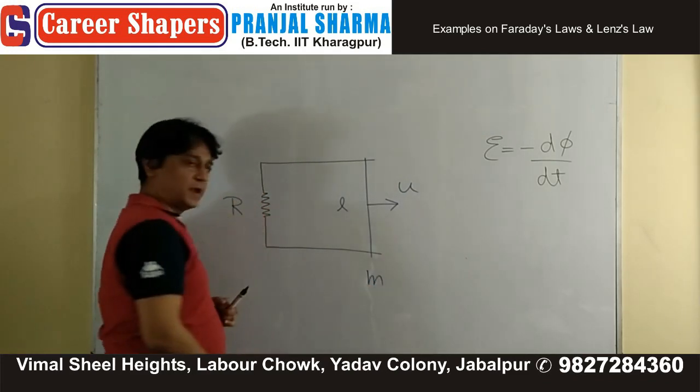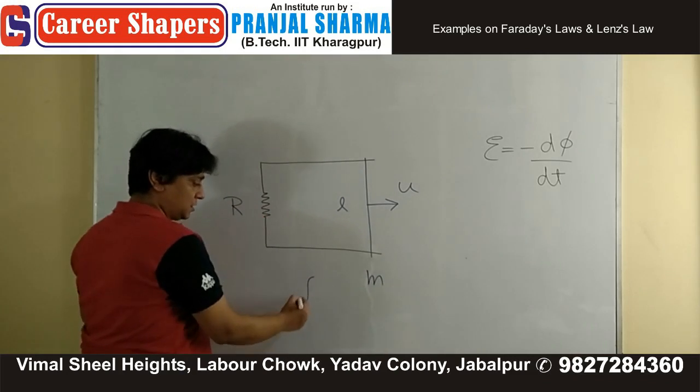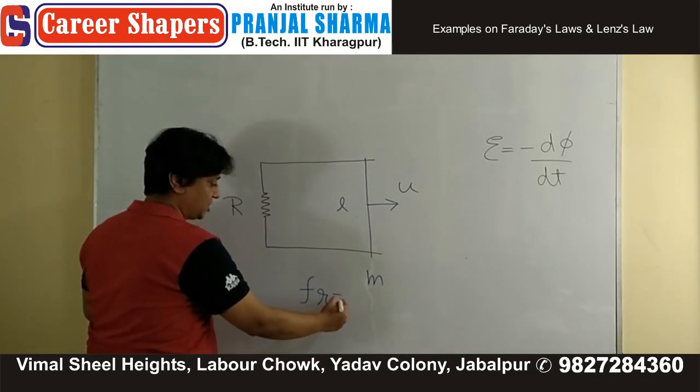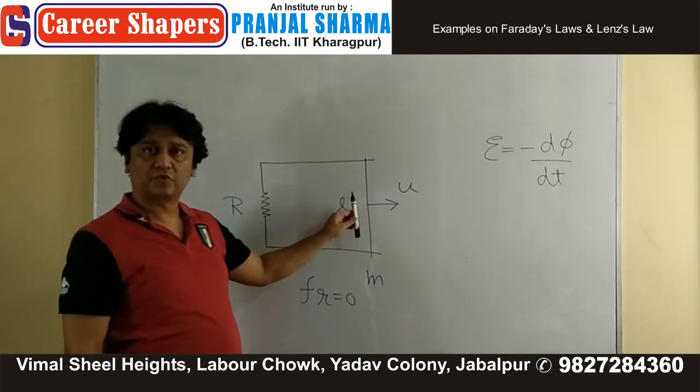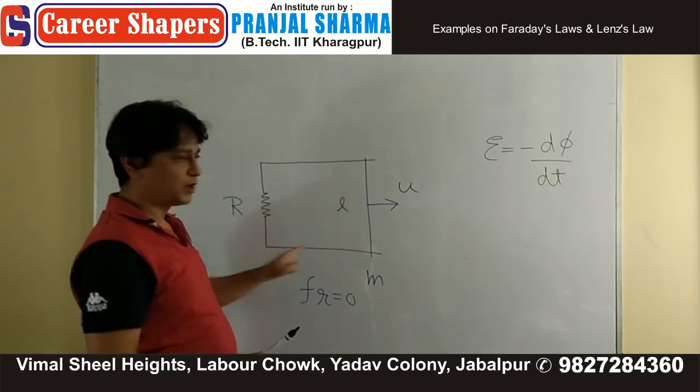Mass of the rod is m and there is no friction present between this straight rod and the U-shaped wire.